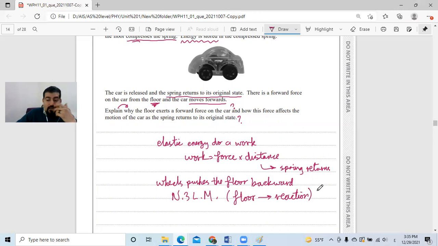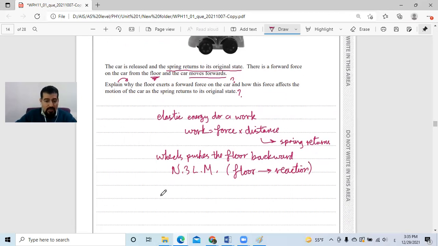Bravo. And this force is the resultant force, and due to Newton's second law of motion, there is what? There is acceleration. Bravo. There is acceleration.